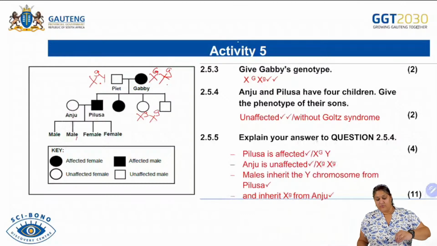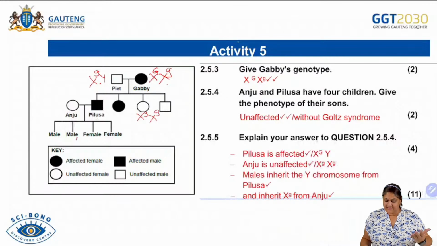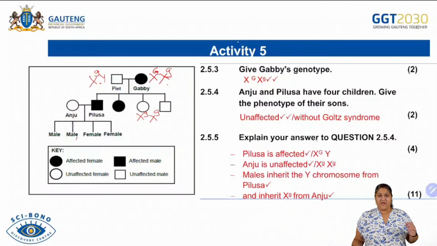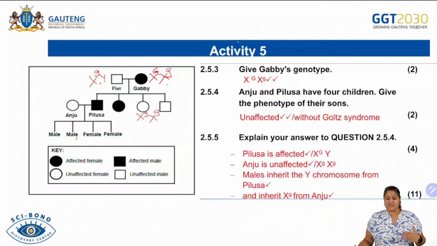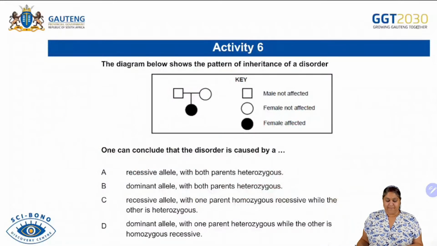So the boys will inherit the Y chromosome from Pilusa, their father. And they will inherit the recessive allele from Anju, because there's only a recessive allele there for them to get. When you're answering an explain question, just answer it in a cause and effect manner. You state what it is and how you get to your answer. Just write your steps, one by one.